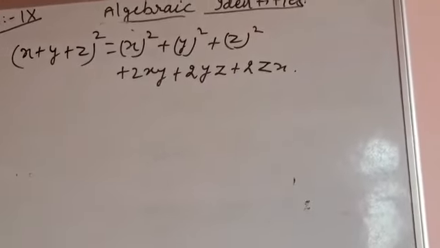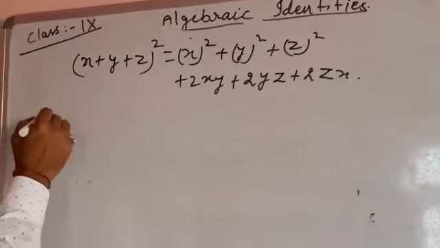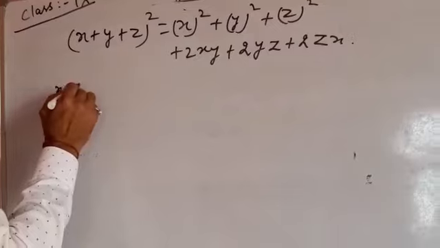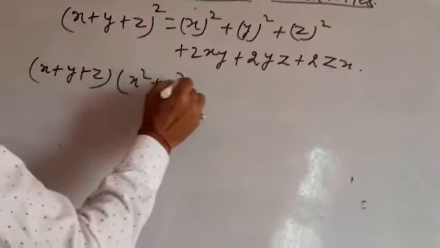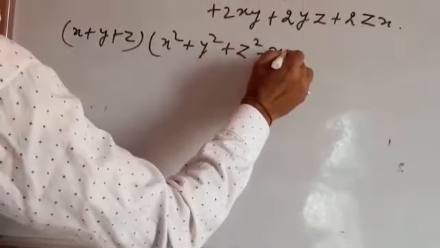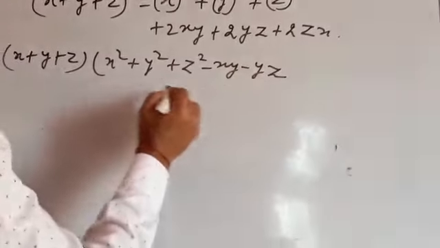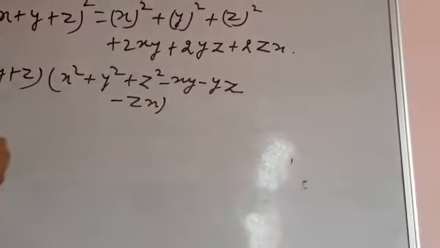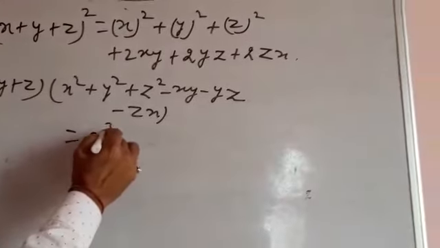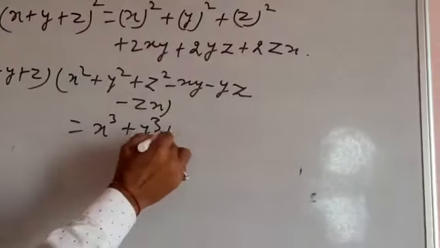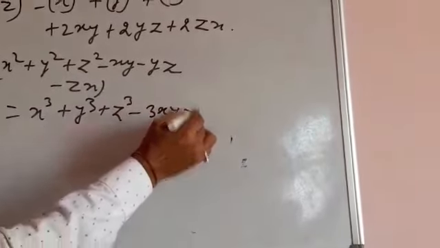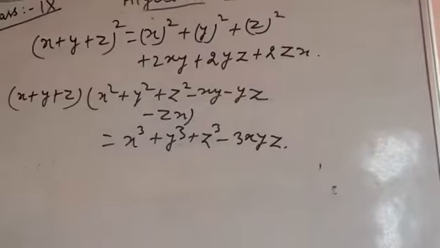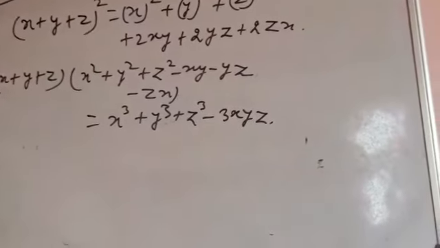I think one is (x + y + z) in one bracket times (x square plus y square plus z square minus xy minus yz minus zx). This gives x cube plus y cube plus z cube minus 3xyz. This is also one more identity, and there is nothing I need to explain.